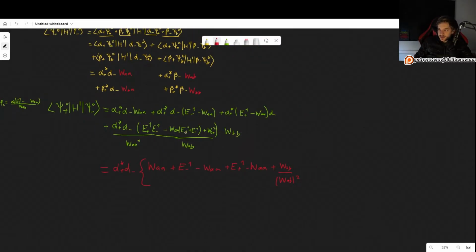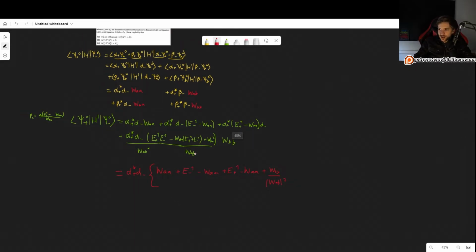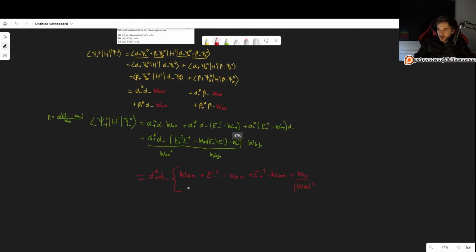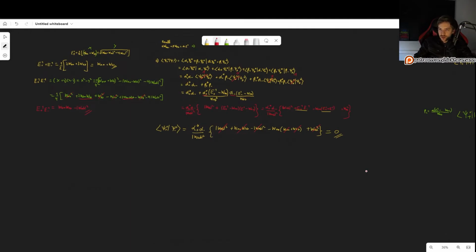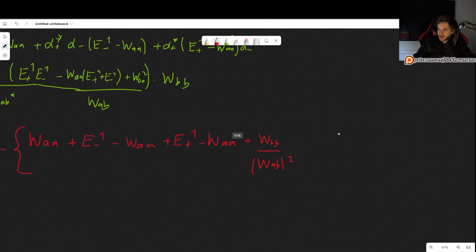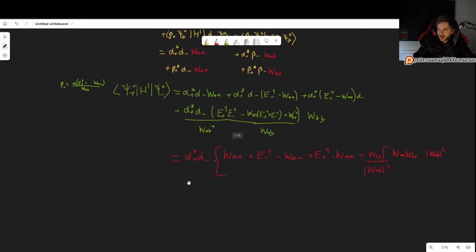And then we have this product. So let's see what that is. So we have E plus 1, E minus 1, which I already forgot. So that is WAA, WBB minus the modulus of WAB squared. Okay, so that is the sum.